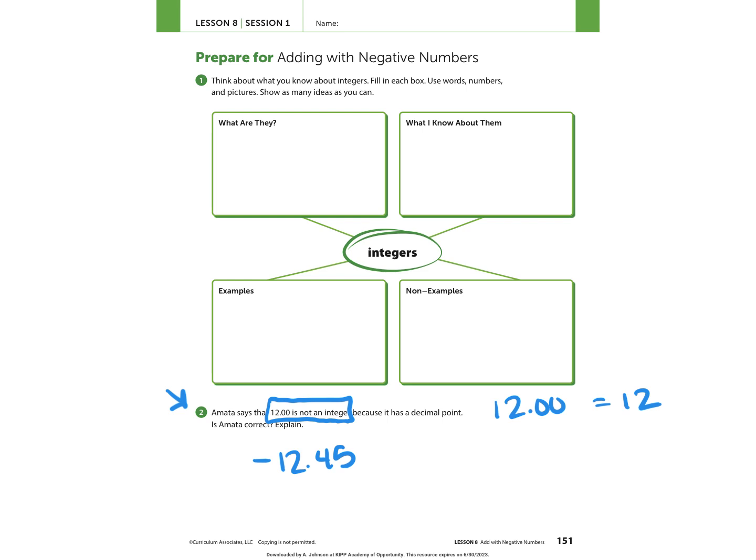So up here, they want us to know, what do you know about integers? They're less than 0. Negative integers. What do I know about them? We know there are no fractions or decimals.